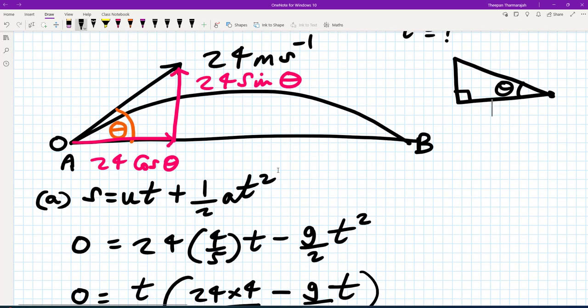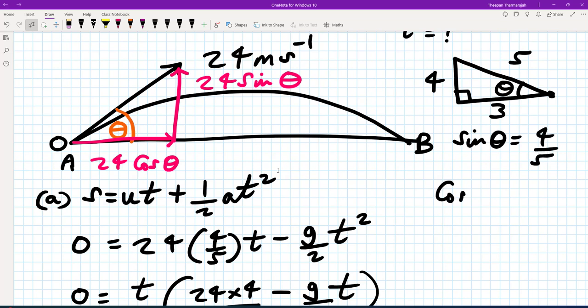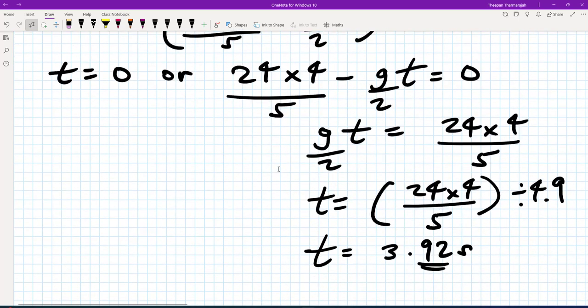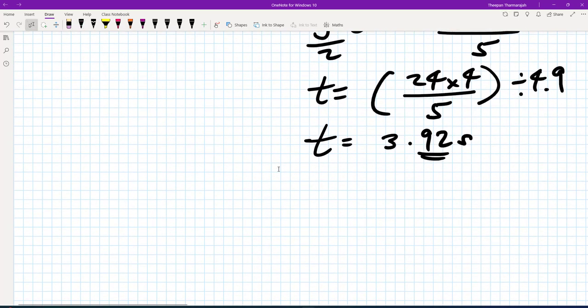So that's going to be 4 and 5. So it's a Pythagorean triangle again. So we can say sine theta is 4 over 5. Therefore, cos theta is 3 over 5. So we want to find the horizontal displacement. So that's going to be part B.